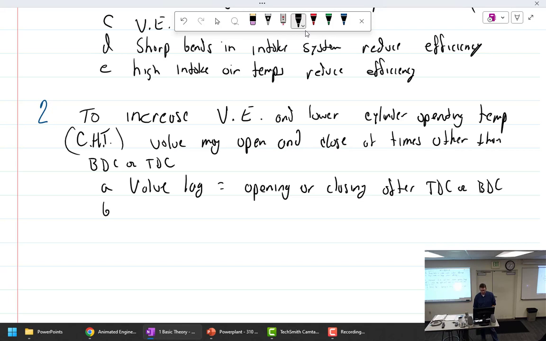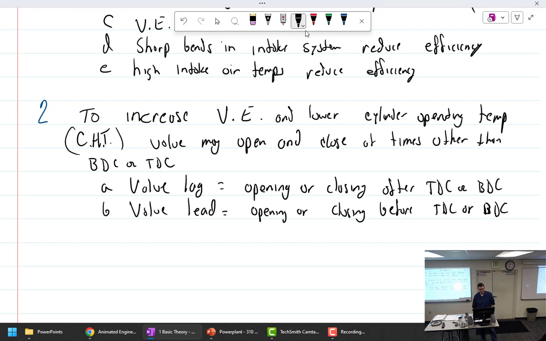Then we'd have valve lead: opening or closing before TDC or BDC. Honestly, I don't use those two terms, and I don't really know where they come up much, so I wouldn't worry about those.